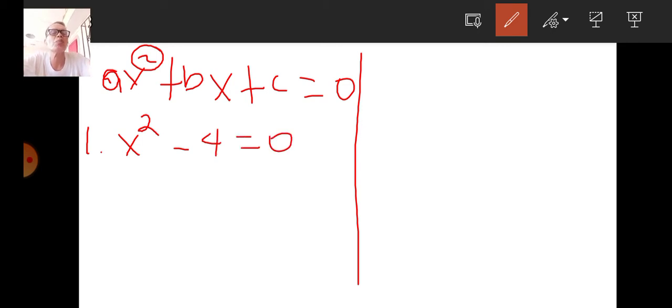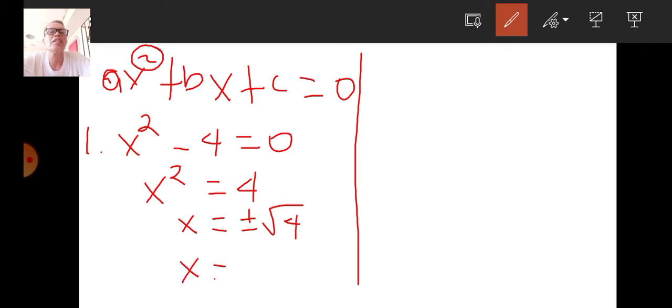Transpose 4 to the other side, and the equation becomes x squared equals positive 4. Extract the square root, we have x equals plus or minus the square root of 4. Therefore, x equals plus or minus 2. So there are two solutions.